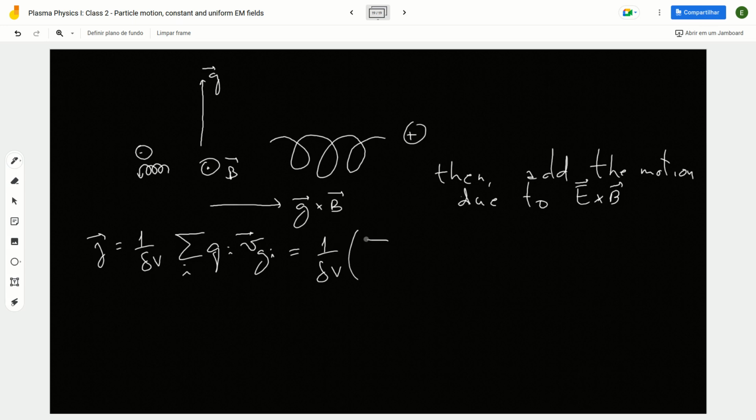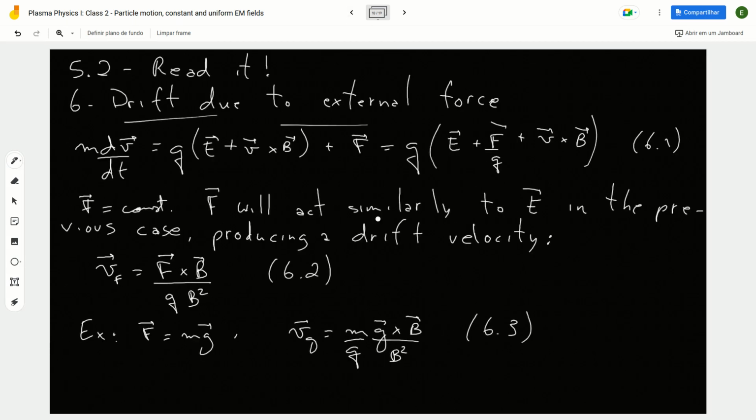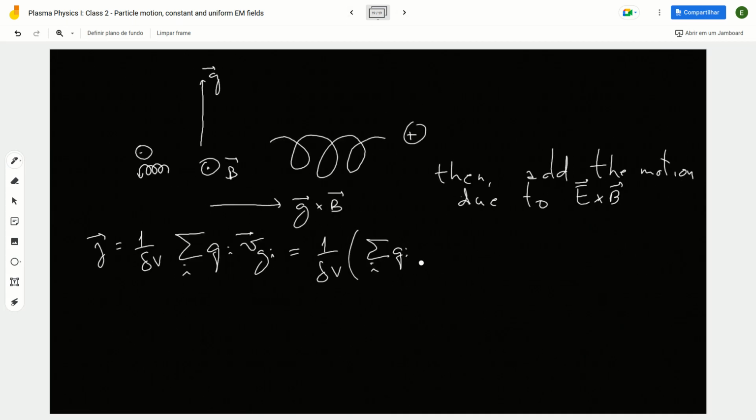Then we have, let's see, well, Vgi is given by this for each charge. So we have Qi Mi over Qi times G cross B over B square.